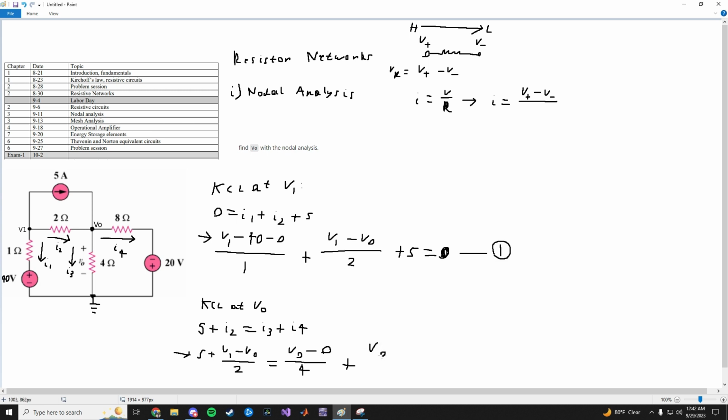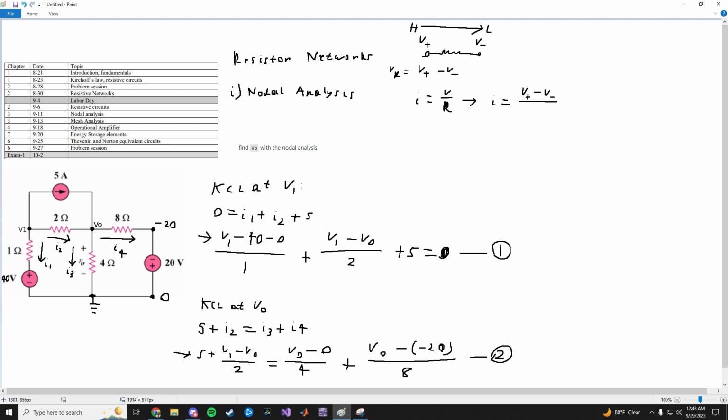That's V0 minus, and this voltage source is upside down, so by convention that point would be negative 20. That would push this point to 0, because we want to keep this node consistent as ground. It has to be a potential of 0. That means by the convention of ground, this is 20 volts at this node. So it's going to be V0 minus negative 20 over 8. And so that's equation number 2.